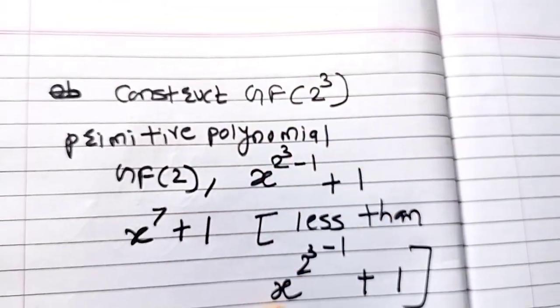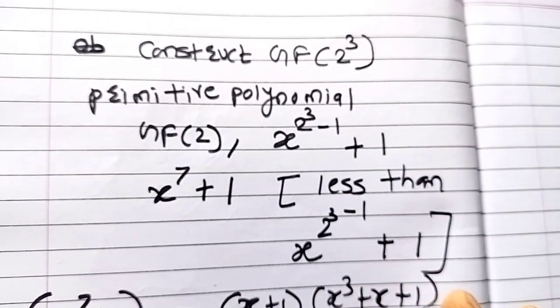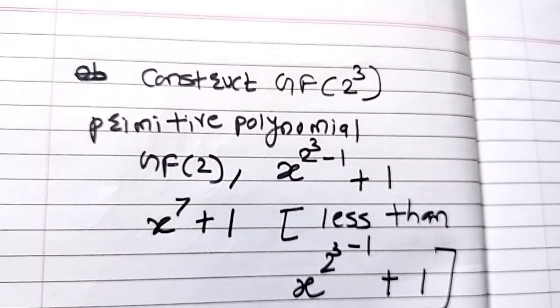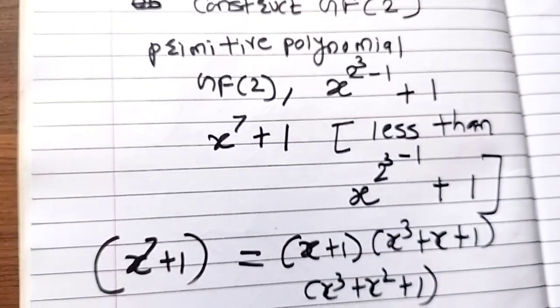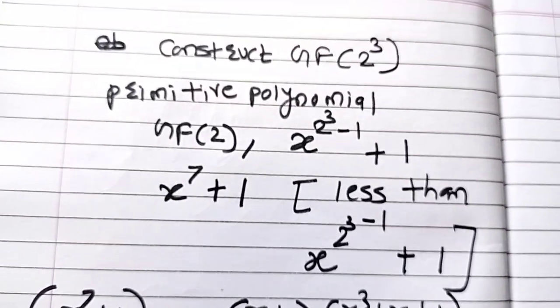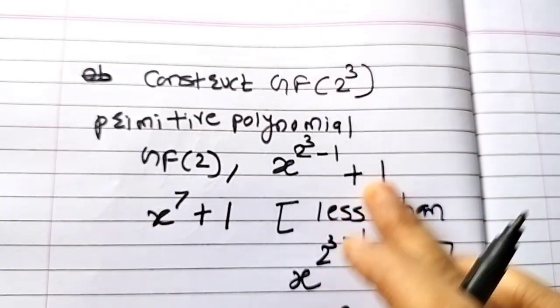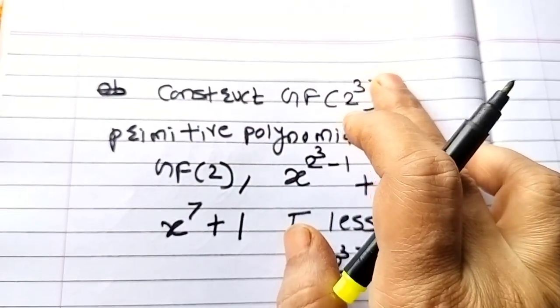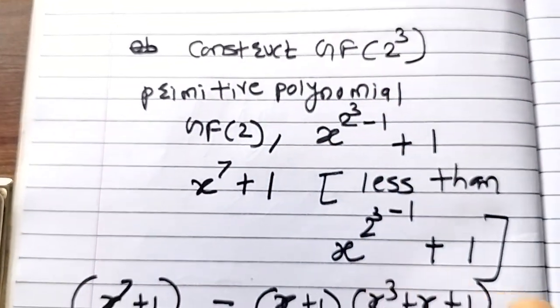This is for GF(8). For GF(16), it should divide x raised to 15 plus 1, not any lesser power like x raised to 14, 13, like that. If you recollect it like that, it will be easy. That means the primitive polynomial should have degree 3 and it should be a factor of x raised to 7 plus 1. These two things are important.